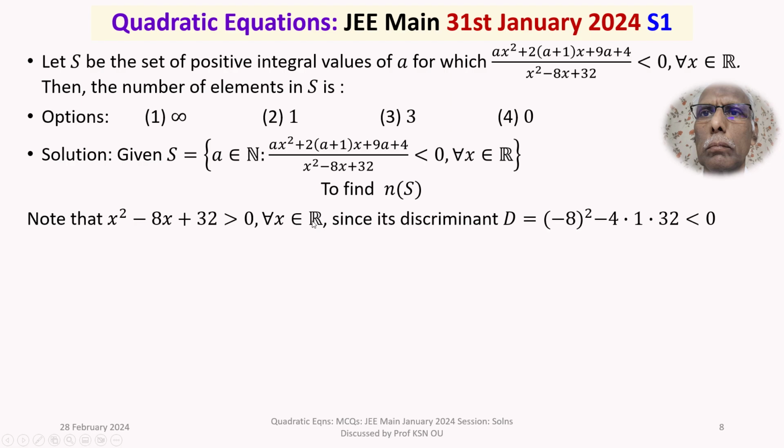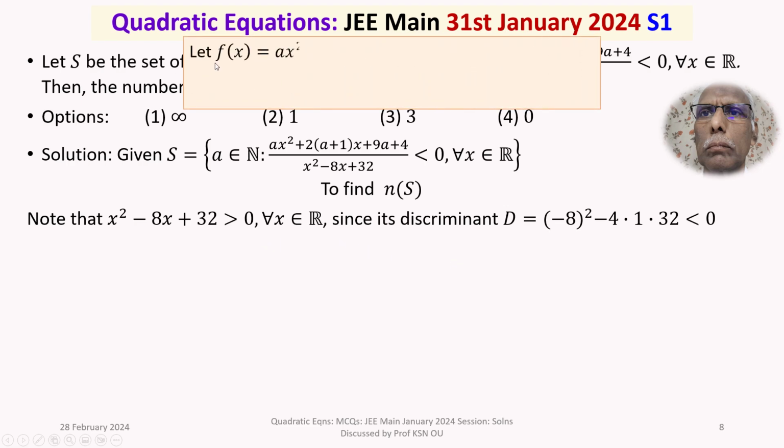Why? Because the coefficient of x square, that is the leading coefficient, is 1, greater than 0, and its discriminant b square minus 4ac computed here is less than 0. Then this quadratic expression will be always positive for all x belongs to R. Let's recall the result you have studied.